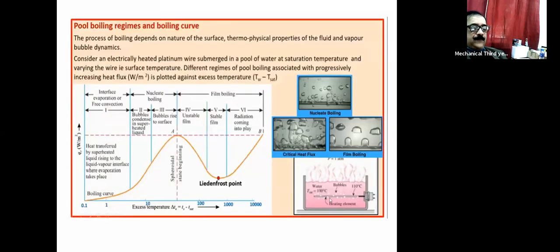Now you see here, the process of boiling depends on the nature of the surface. This one I explained yesterday also: the boiling depends on the surface, the thermophysical properties of the fluid, and vapor bubble dynamics.